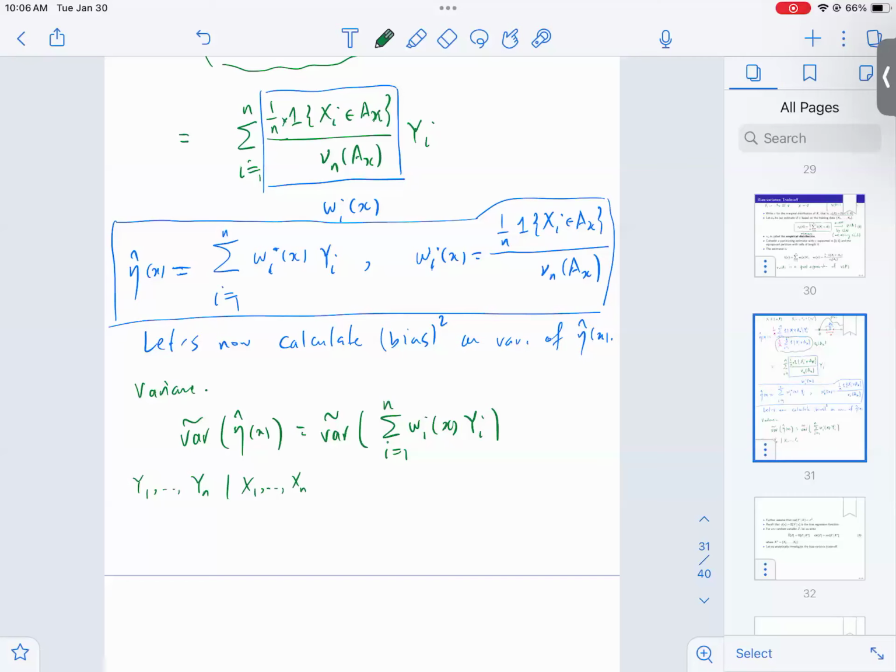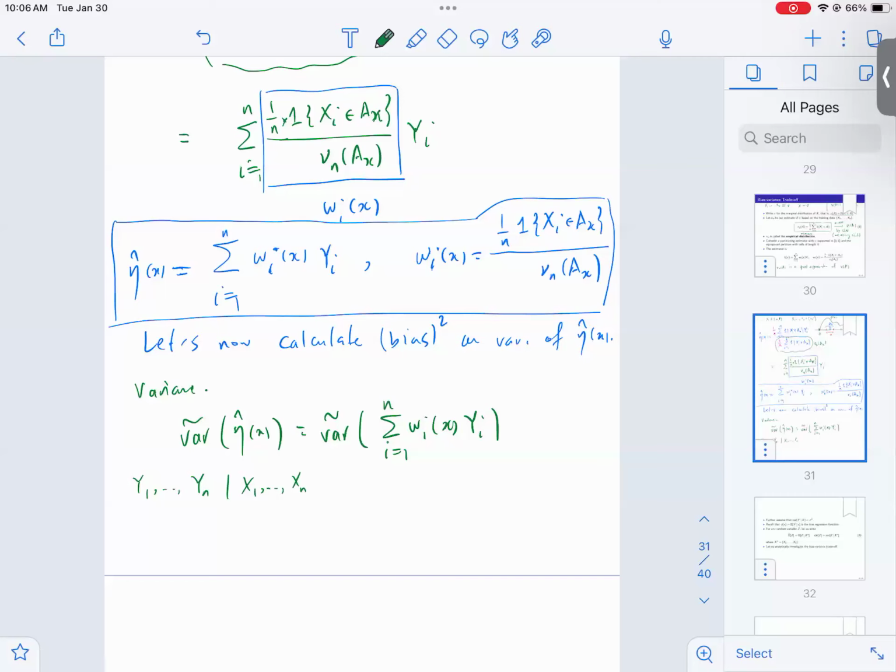If you think about it, it is, because the pairs are independent. So (x_1, y_1) is independent of (x_2, y_2). Then conditioned on the x's, y_1 and y_2 are still independent, because y_1 just depends on its own x_1, not anything else. So even conditionally, they're independent.